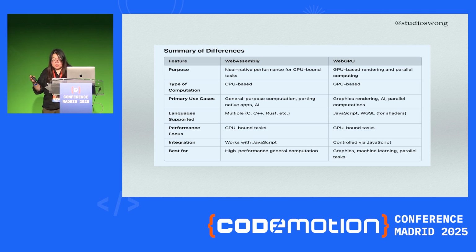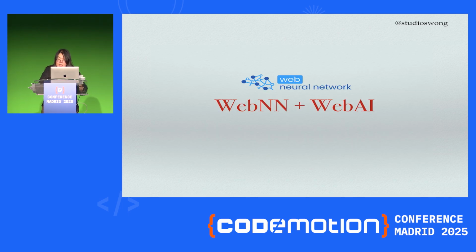In a case like neural networks, you pretty much need WebGPU. Both technologies can be integrated with JavaScript, but they are very specialized for different performance needs of the AI model lifecycle, which I will go deeper into in a later section of my talk today.